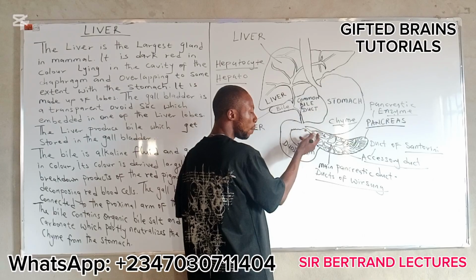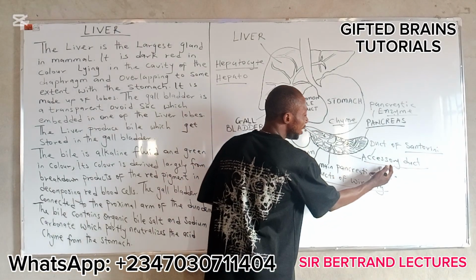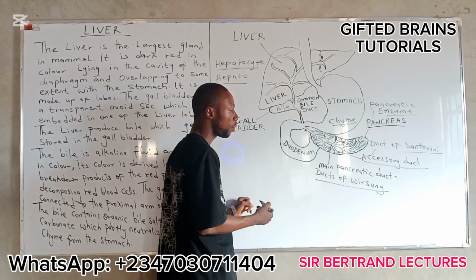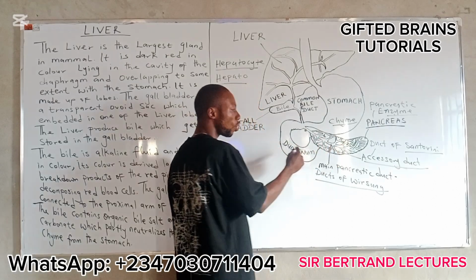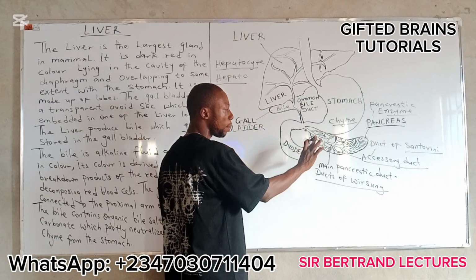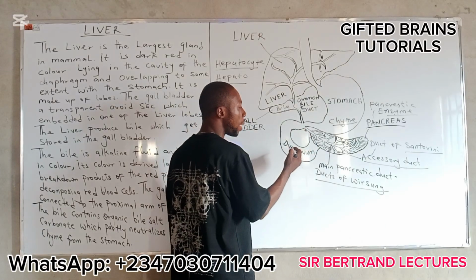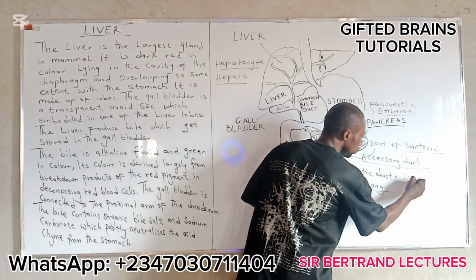Then the accessory duct of the pancreas, which I refer to here as the duct of Santorini, also secretes some pancreatic enzymes from different parts of the pancreas, and that enters into the duodenum through the duodenal papilla.